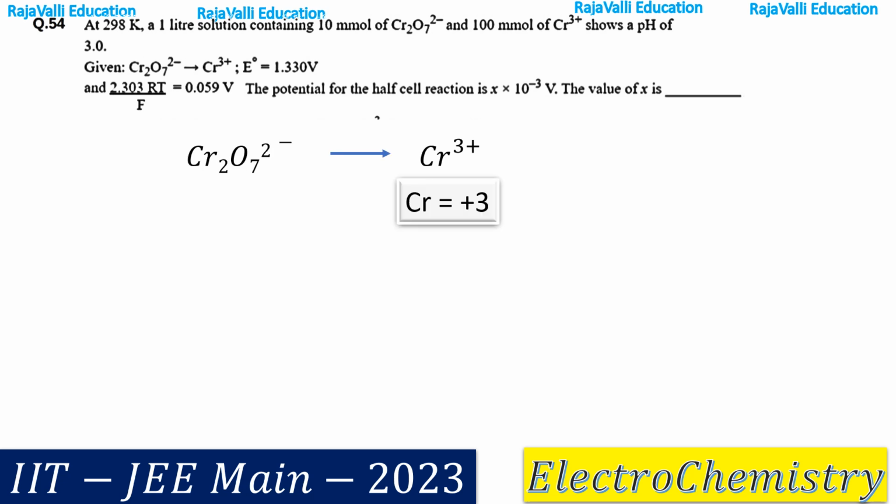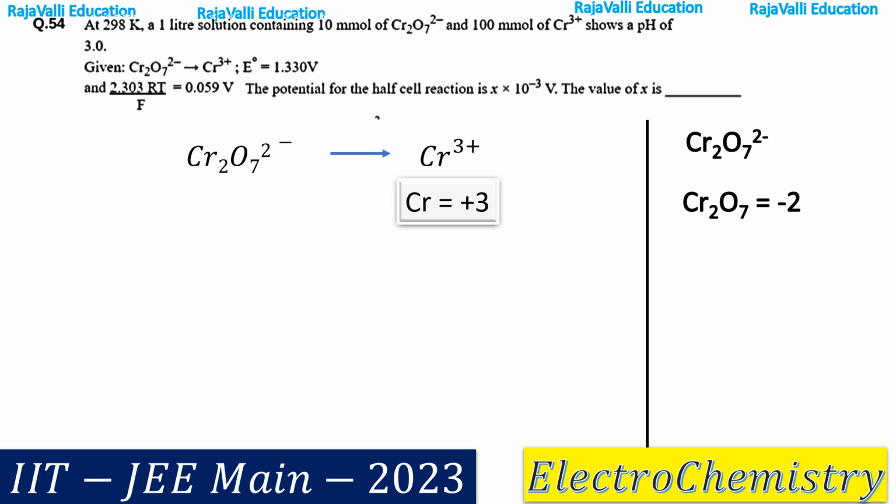First, we have to balance this half cell reaction. On the product side, it is given as plus 3 oxidation state of chromium, but on the reactant side, we have to find out the oxidation state of chromium in dichromate. So Cr2O7 2 minus, that is the dichromate ion, we can write Cr2O7 equal to minus 2.